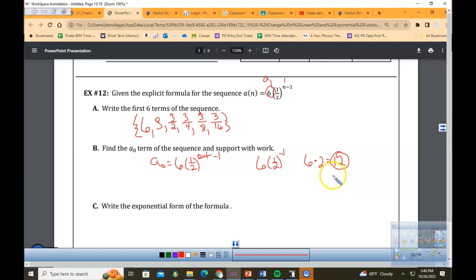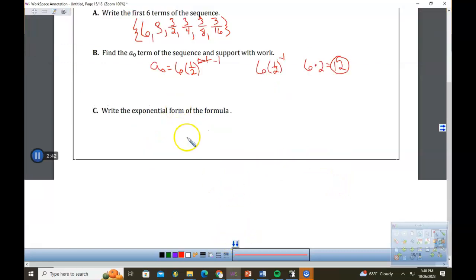Okay? And what would my exponential formula be then? So if I want to make this an exponential, I don't use n minus 1. That's what makes it different. We're going to start to transition here into exponentials. So I'm going to do my f of n. And that's going to be equal to, now before I used A sub 1, right?